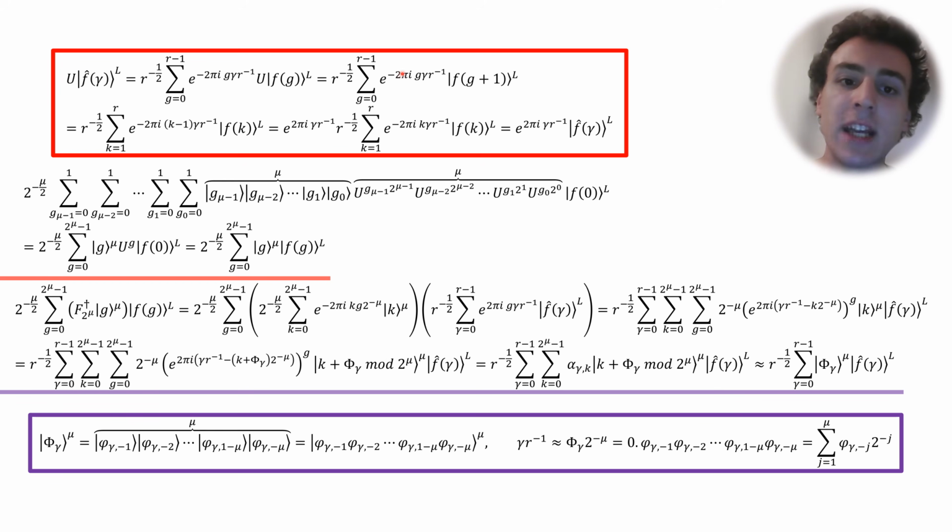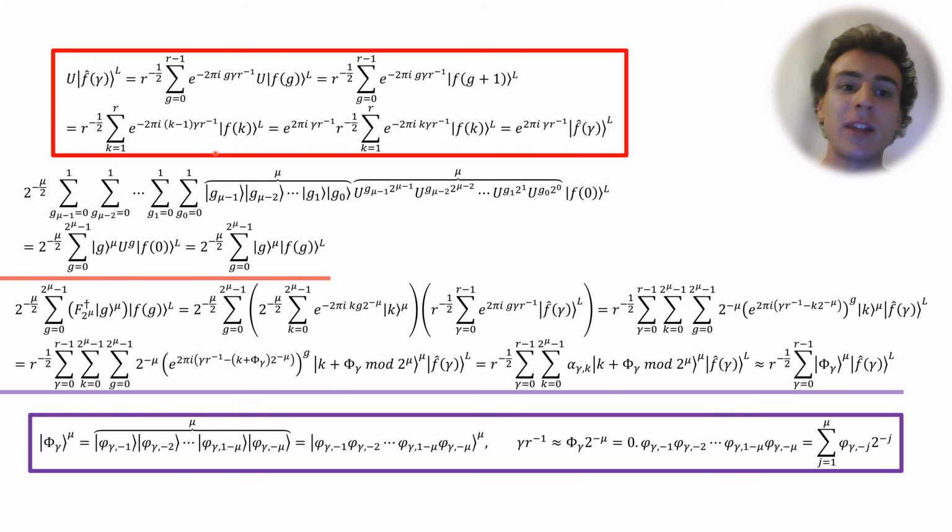And when g appears in this complex exponential, we can substitute it with k minus 1. So that's how these two indices are related to each other. k minus 1 is the same as g, and g plus 1 is the same as k. So now we can see that these are two equivalent expressions. We're just using a different index in the summation.